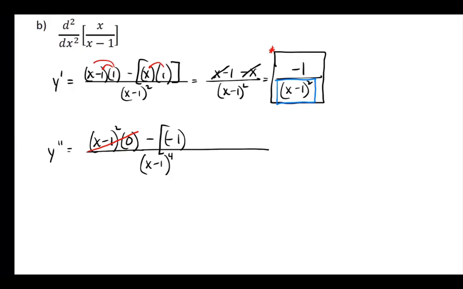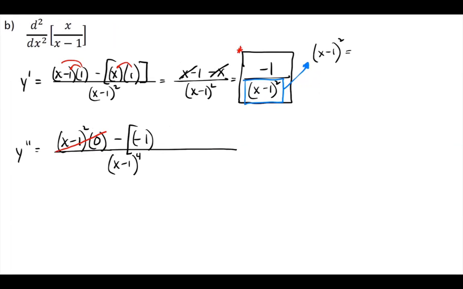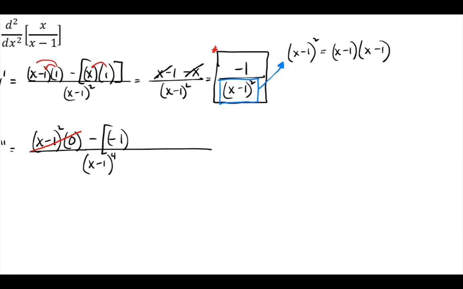How do I find the derivative of x minus 1 squared? What do I have to do first? I have to expand it. So x minus 1 squared is the same thing as x minus 1 times x minus 1, right? So let me do FOIL first.